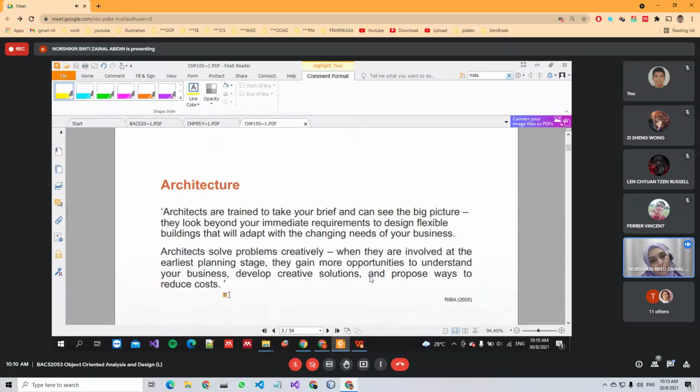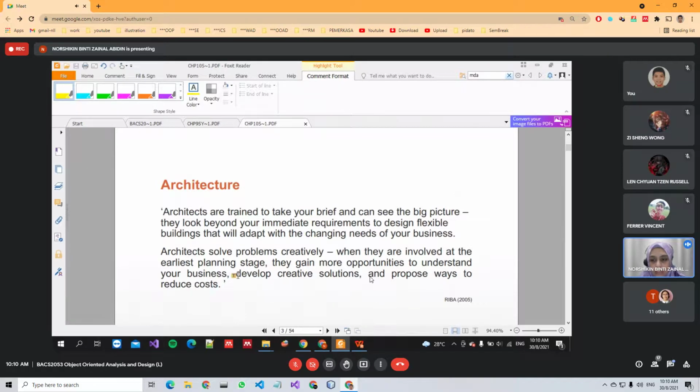So how do we put architecture in software development? Like I said just now, architecture is the art of practice to design our system or our software development. So what is system architecture? System architecture is the conceptual model that defines the structure of our system.